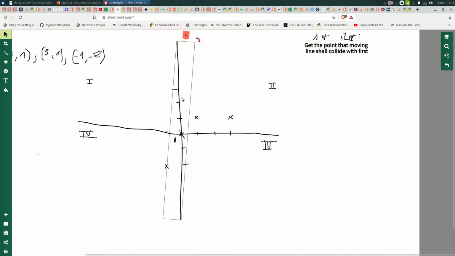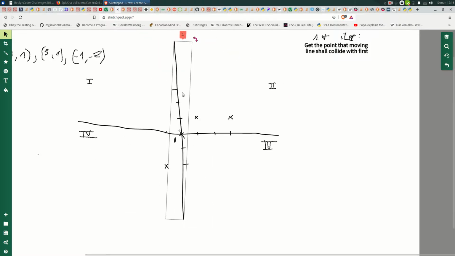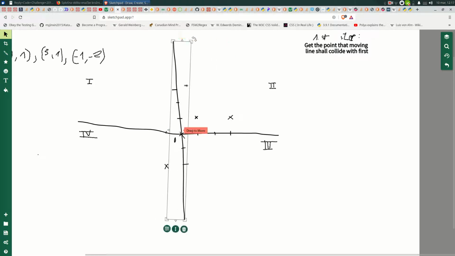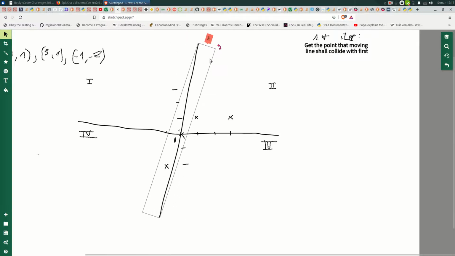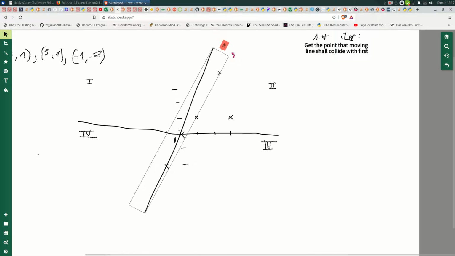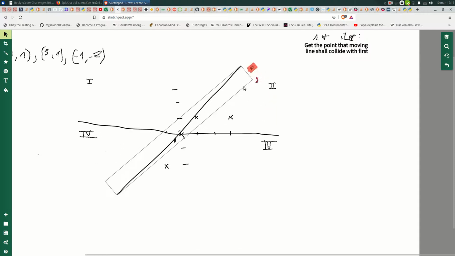So it shall move this way. So first it shall encounter this one, like you see in the fourth quadrant. So this shall be the first one, this shall be the second one, and this shall be the third one.